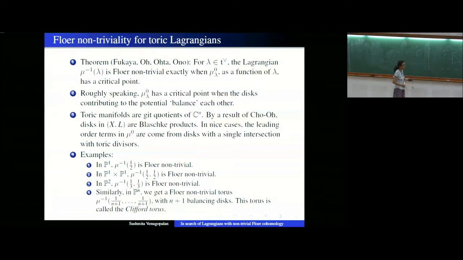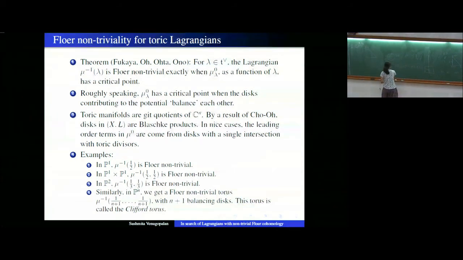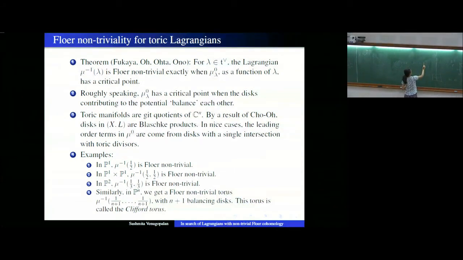You have these four disks which are balancing each other. Maybe let me draw disks with pink. So this is a disk and this is a disk. And note that the reason I'm drawing the disk this way is each of these disks has its boundary in the Lagrangian, and it has a single intersection with one of the toric divisors. So this means that this has this intersection with this toric divisor.